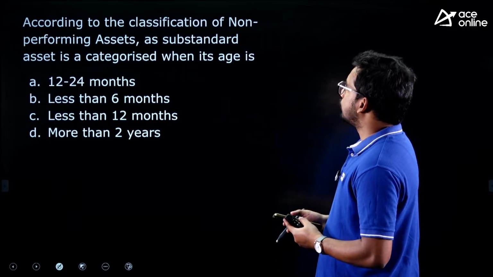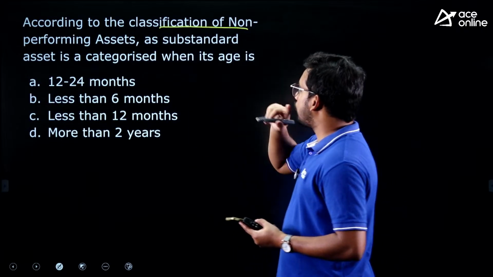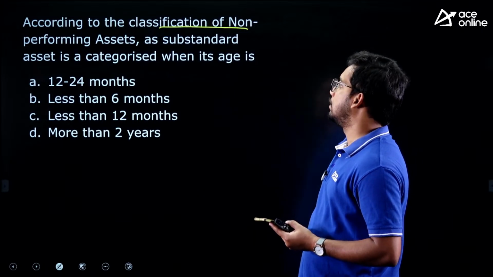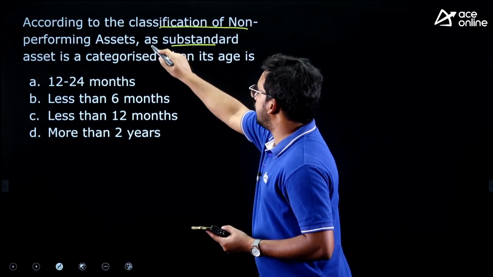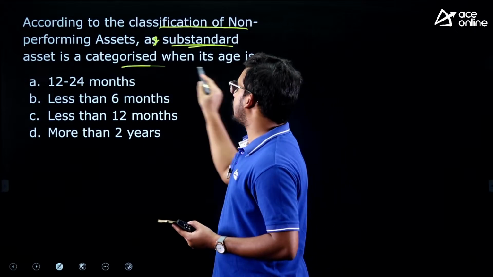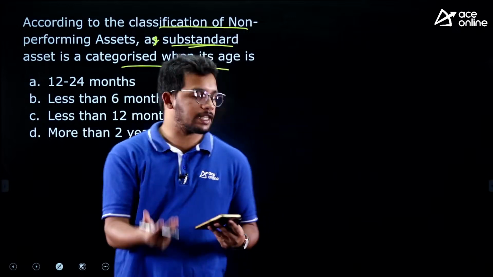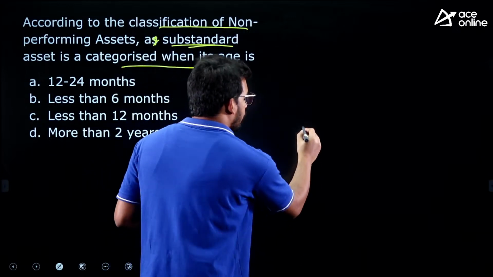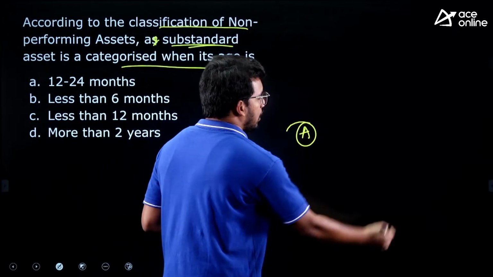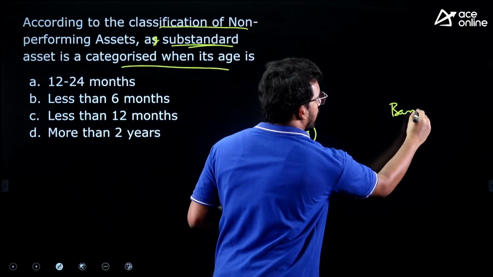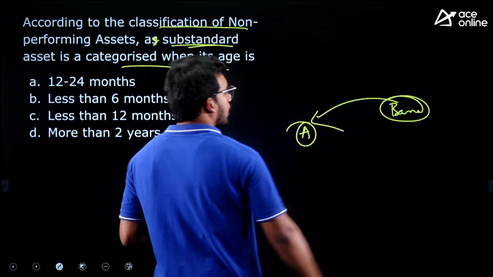Next question. According to the classification of non-performing assets, a substandard asset is categorized when its age is... So now let us explain non-performing assets. For example, I am a person A and I have taken a loan from the bank.